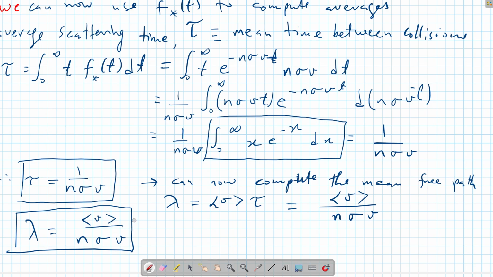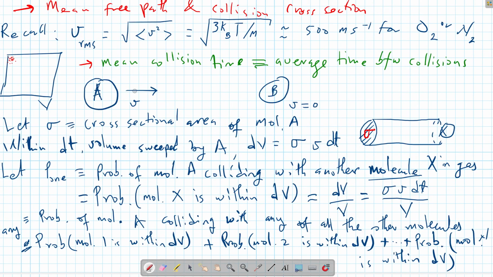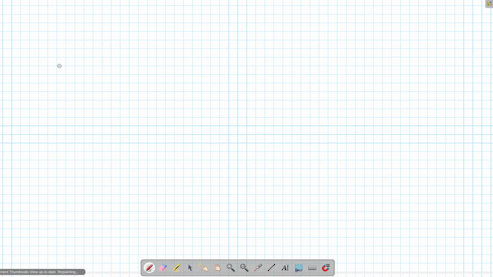The answer is no, because this v is what we considered using this simplification, that molecule A is moving with a speed v, and the other molecules in the gas are sitting without any velocity. Okay? So we're going to correct this simplification as follows. Let's go to the next page.